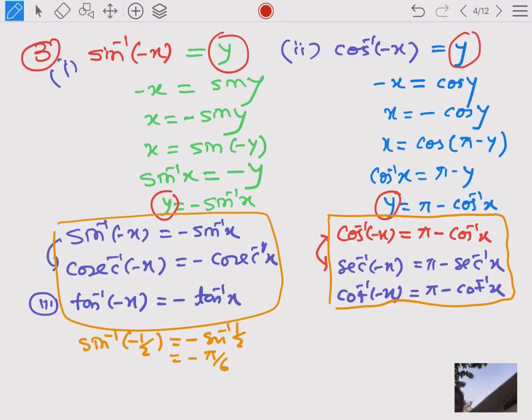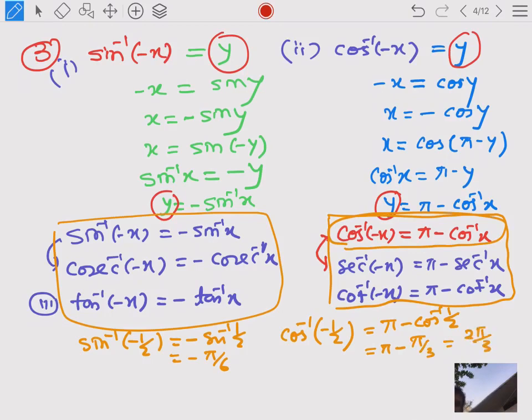But suppose the question is what is the value of cos inverse of minus 1 by 2, then according to this rule we will write pi minus cos inverse half, and cos inverse half is pi by 3, so the answer is 2 pi by 3. So this is the way to solve it. This property is also very important.